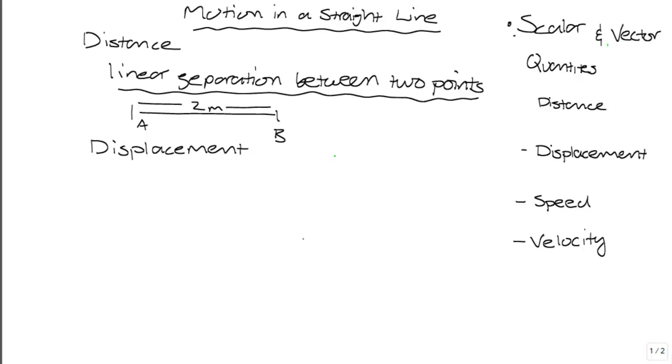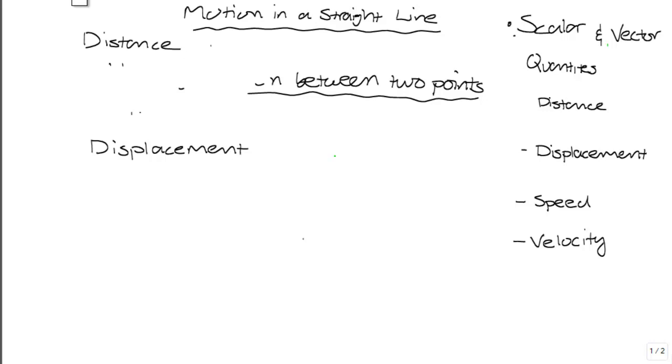Distance is a scalar quantity, which means that when you speak of just a distance, you're only concerned with the separation between the 2 points and how big that separation is.